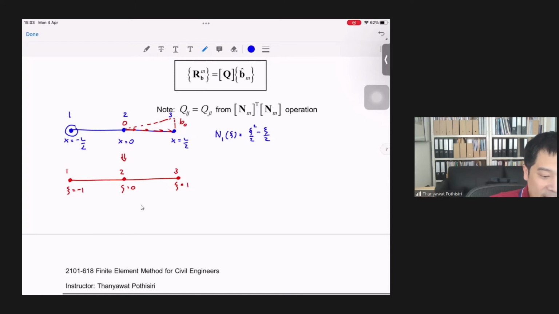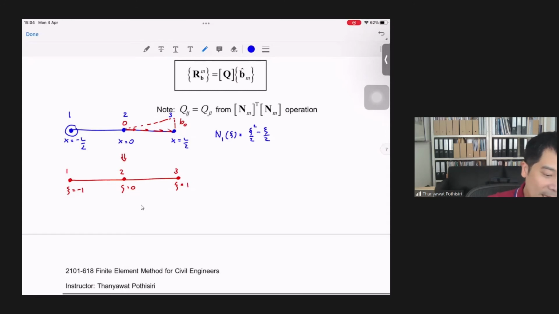Let's check if this N1 is equal to 1 at node 1. At node 1, xi is -1, so this would give you 1/2 plus 1/2, which is 1, right? And on the other nodes, N1 is equal to 0. So this is my N1 in terms of the parametric coordinate.